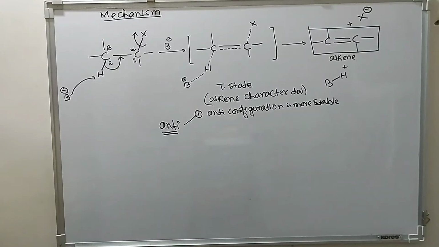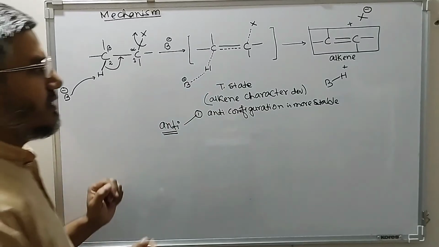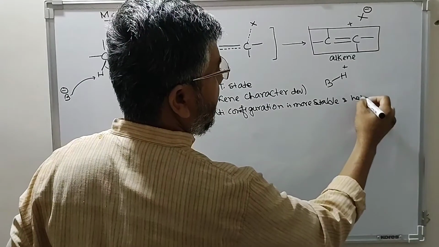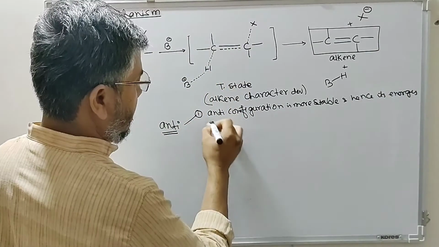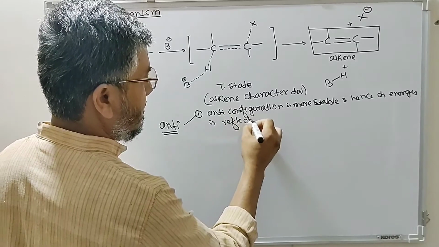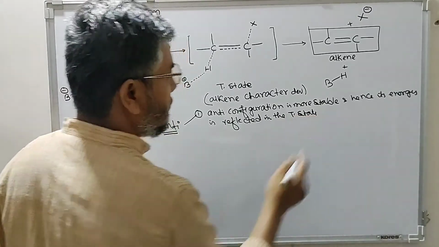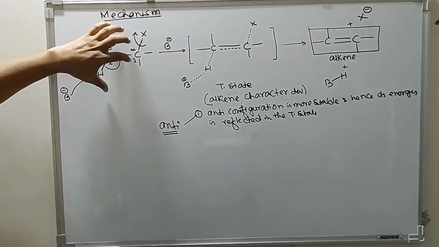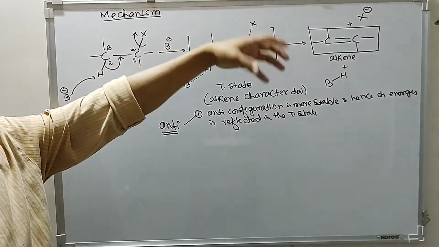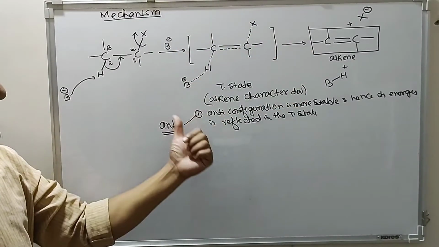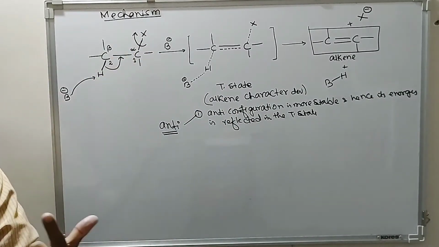If anti configuration is more stable, then the energy difference is reflected in the transition state. So if you are starting from a low energy or less energetic reactant, the transition state will also be less energetic, more stabilized. So this is one of the reasons why we have to start from, or the leaving group should be, anti to each other.